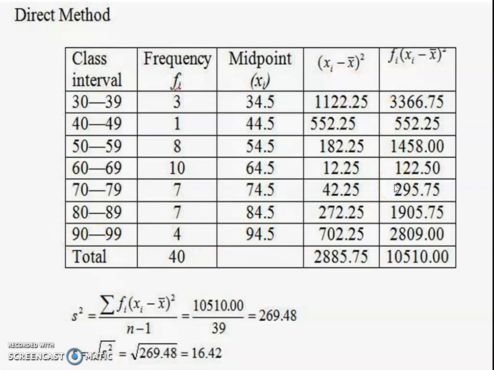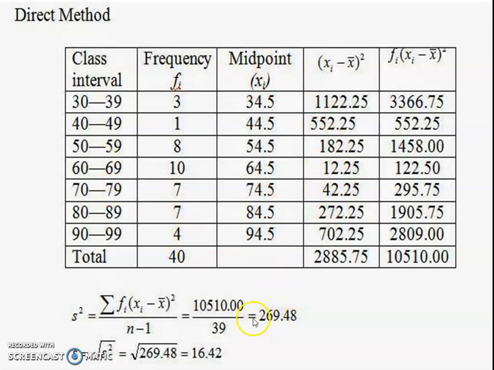Now we need the x bar. How to find the x bar? You have to check that. X bar means what? We have to take the x bar from the above method, that is x bar is summation fi xi upon capital N. 3 into 34.5, 1 into 44.5, 8 into 54.5, 10 into 64.5, 7 into 74.5, 7 into 84.5, 4 into 94.5.